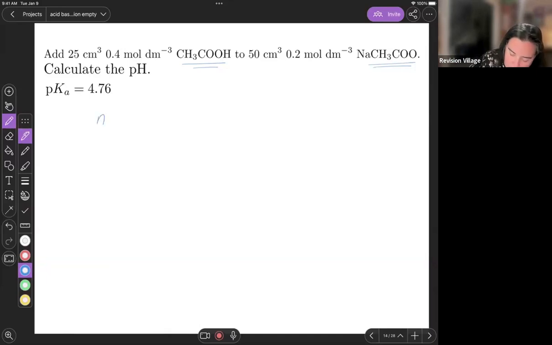I need to know how many moles of ethanoic acid there are, so I'm going to take the concentration times the volume. And I need to know how many moles of this other thing I have, so I need to take the concentration times the volume.